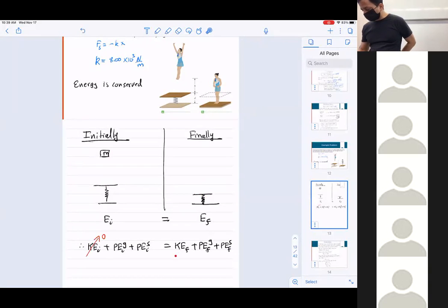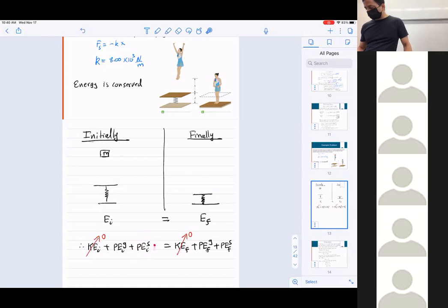So down here also, the final kinetic energy is also 0, right? So she hits the board with some speed, but then the board compresses and then brings her to a stop. So her final kinetic energy there is also 0.